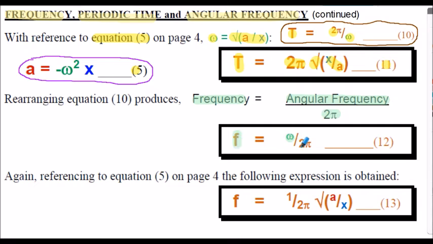It's omega divided by 2 pi, equation 12 here. And again, using equation 5 shown above, we can write frequency in terms of a and x. So it becomes 1 upon 2 pi multiplied by the square root of a divided by x, equation 13.